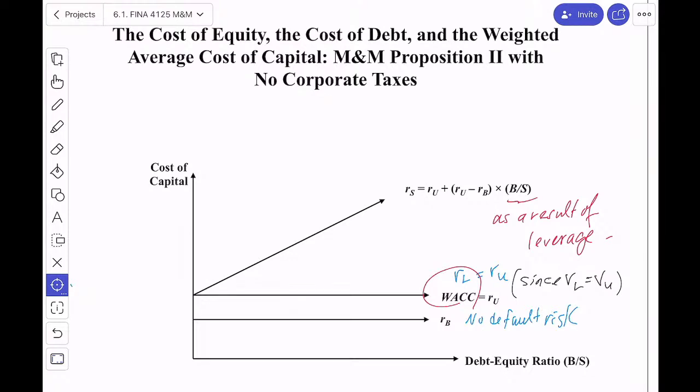And this is a result of all the assumptions we made and the fact that the values of the firm are identical. So bear with me, that's just the base case. Okay, now I'm going to vary a few things and we're going to see the impact.